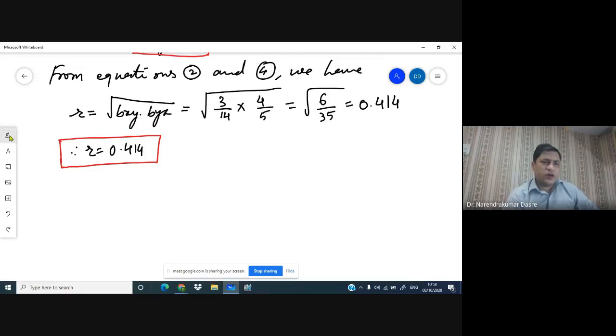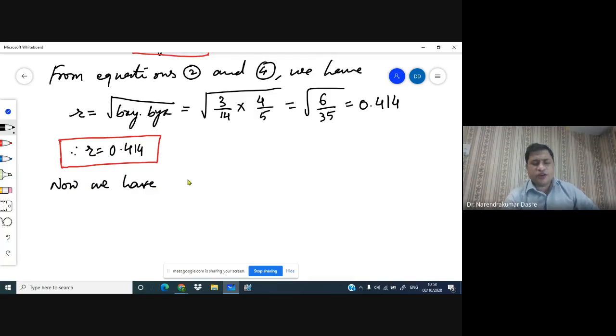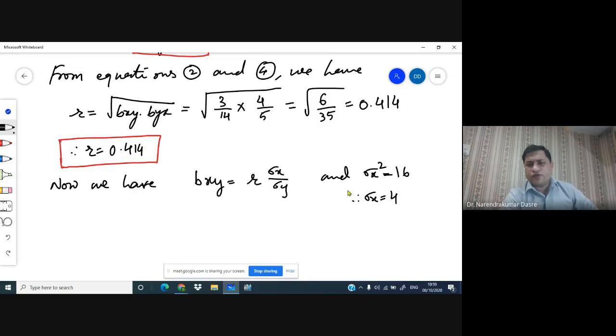Now I want to consider sigma y, so I can find sigma y square. We can use any one of the formulas from remark 2. So we can write bxy is equal to r sigma x by sigma y. What is given? Sigma x square is equal to 16, so sigma x is equal to 4.